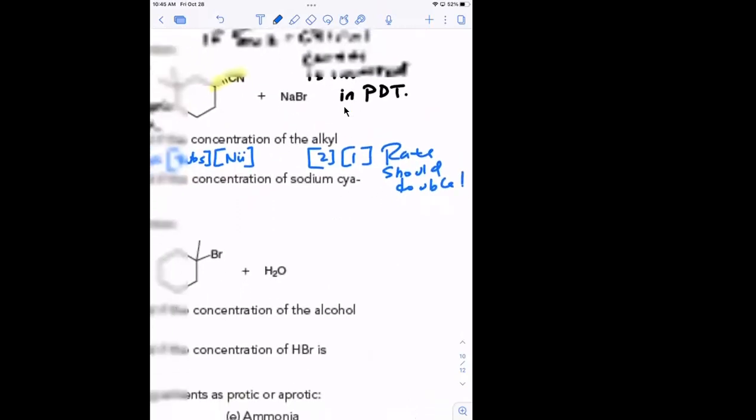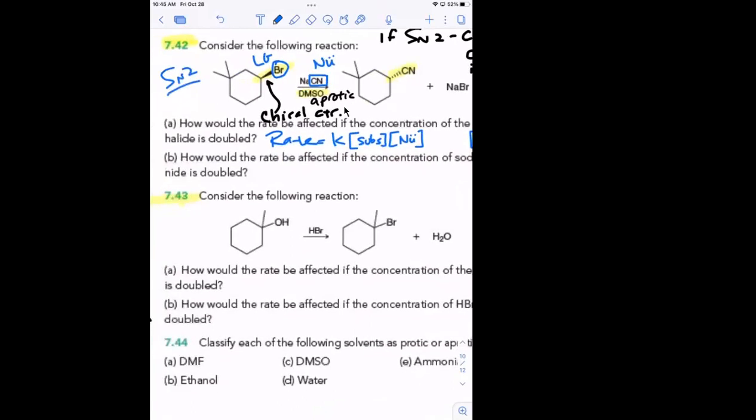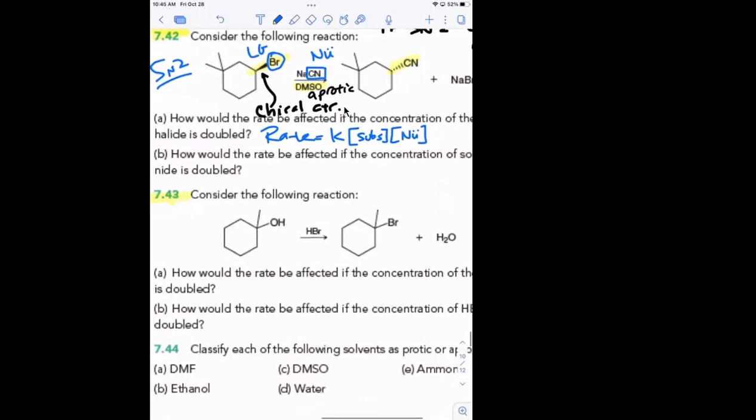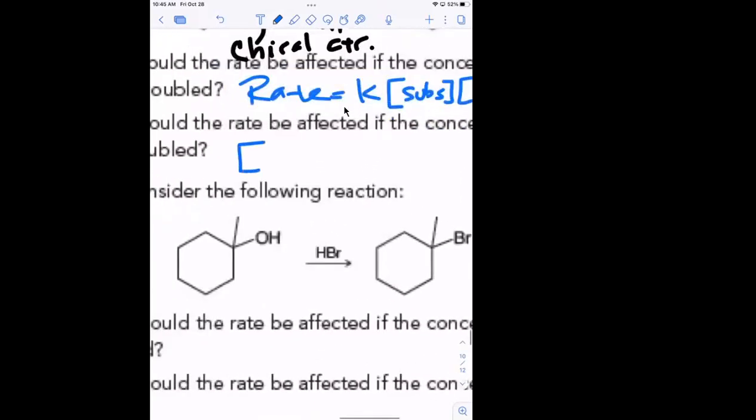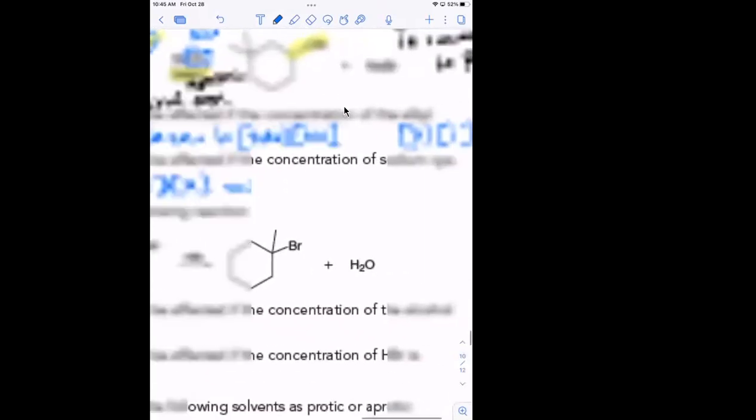What about part B? How will the rate be affected if you double the concentration of sodium cyanide? This is the substrate, this is the nucleophile. Wouldn't it also double there as well? What if you double them both?